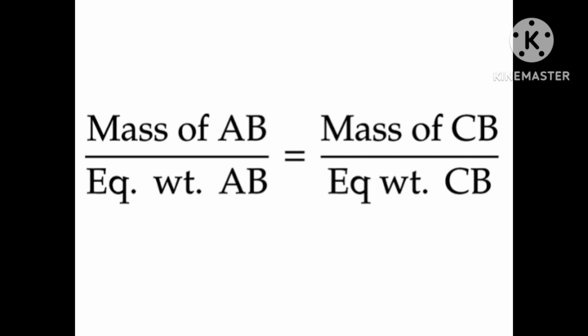Suppose you are passing current through two solutions, X and Y. When the same quantity of electricity flows through solutions of different electrolytes, in that situation weight of X deposited divided by weight of Y deposited is equal to equivalent weight of X divided by equivalent weight of Y. This means deposition depends upon equivalent weight.